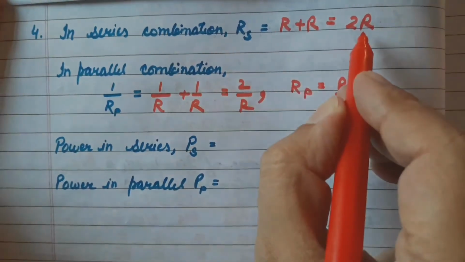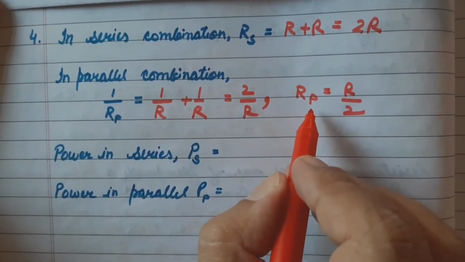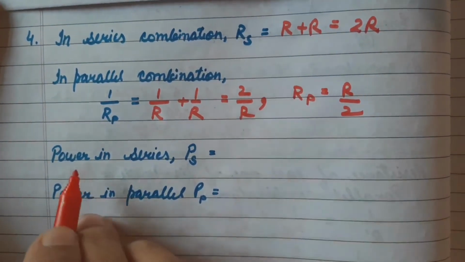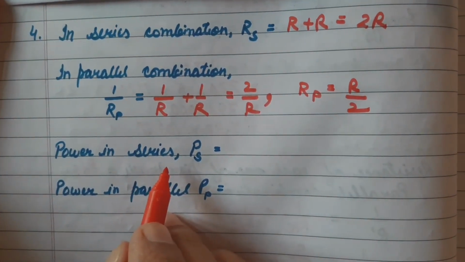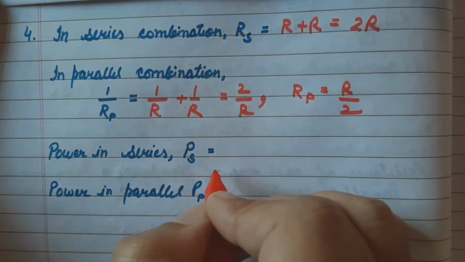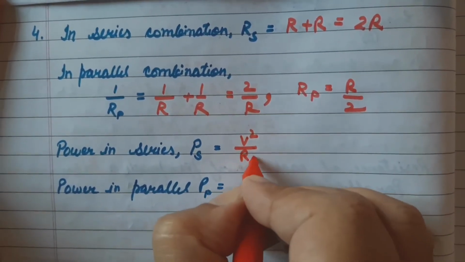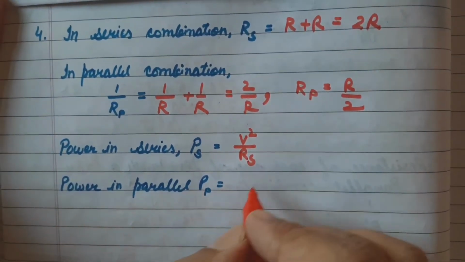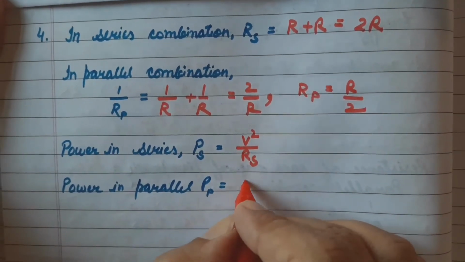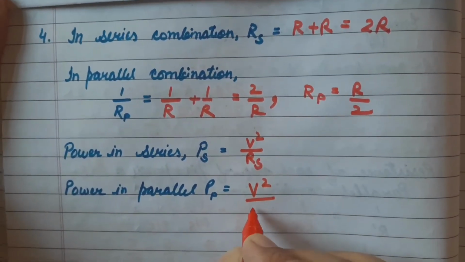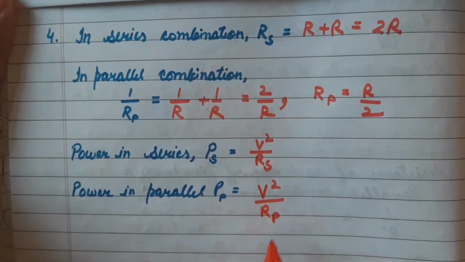In series, it is 2R. In parallel, equivalent resistance is R by 2. Power in series, meaning heat produced in series, can be calculated as Ps equal to V square upon Rs, and in parallel it can be calculated as V square upon Rp.